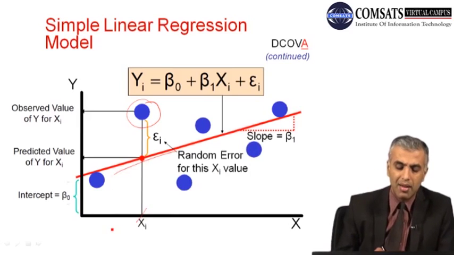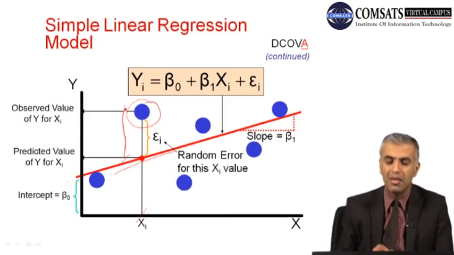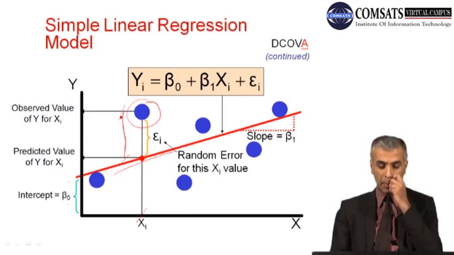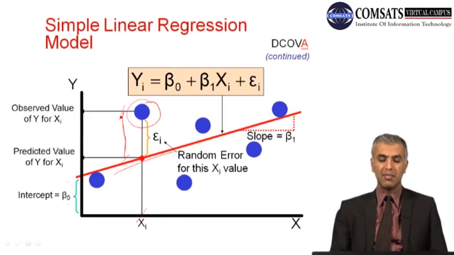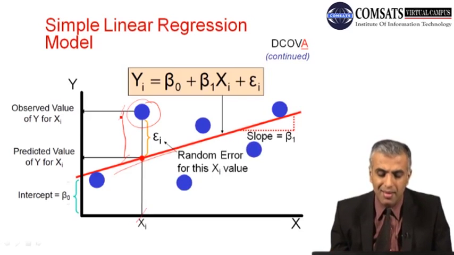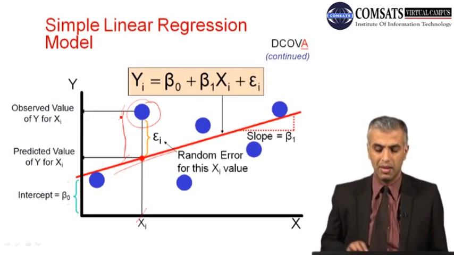However, the area which is above this point is the one which has not been able to be explained in this model. So this much area is termed to be unexplained, and this kind of error is represented by eta i, which is the random error for this xi value.